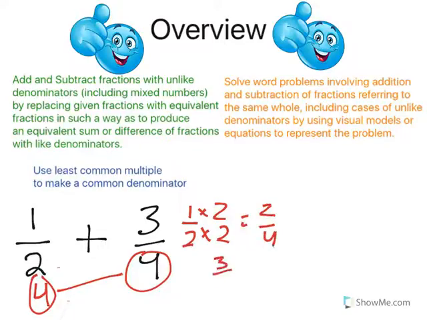We do 3/4 plus 2/4 to get 5/4. Even though that's an improper fraction, we were just focusing on finding our least common multiple to make our denominators the same, so that's fine for now. And then we were able to use this concept to answer real-world problems involving fractions with unlike denominators.